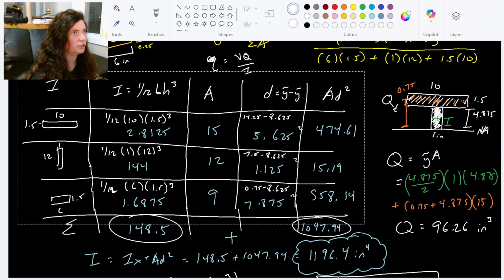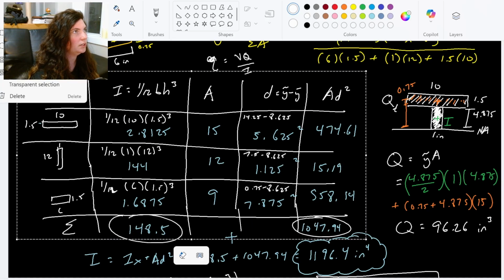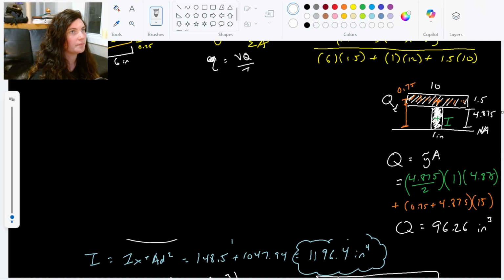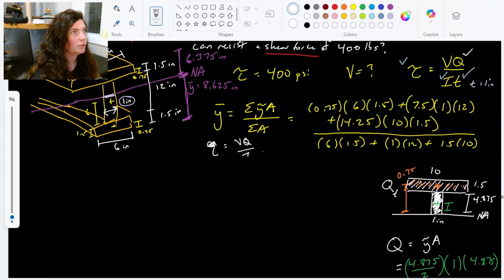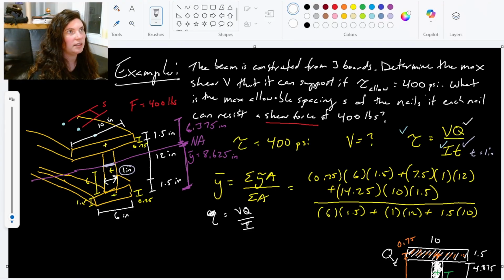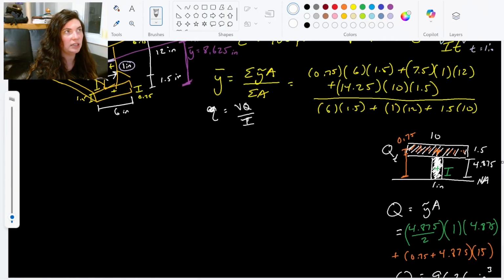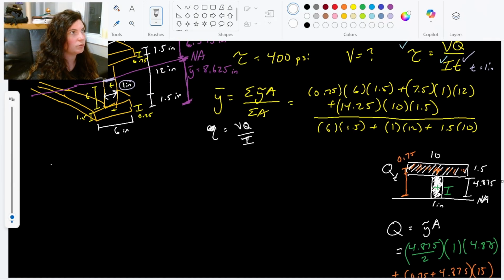I'm going to move all this moment of inertia calculation. We have the number we want. But when we take a look at uppercase Q, our first moment of area, we're finding the max allowable spacing of the nails. We're looking at where those nails are interacting. The key with these spacing problems, these shear flow problems, is that if we're looking at the cross section, here's the cross section, here's the nails going through.